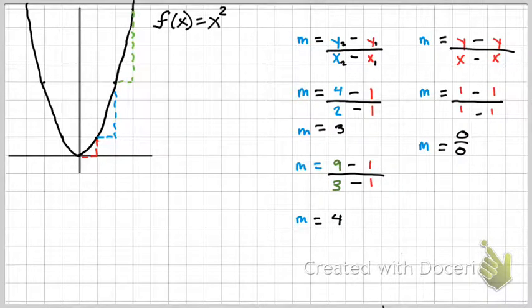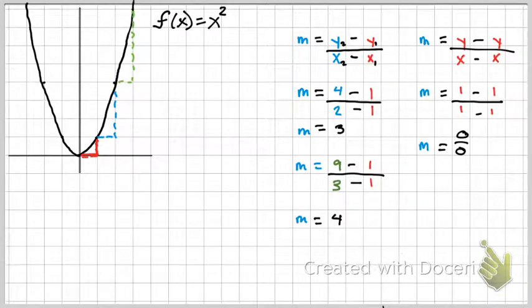But what the slope is becomes a more difficult question to answer when looking at something like a parabola, because the rate of change is always changing. We can see that here: as we go from 0 to 1, we're moving 1 unit to the right and 1 unit up, which means our slope would be 1.